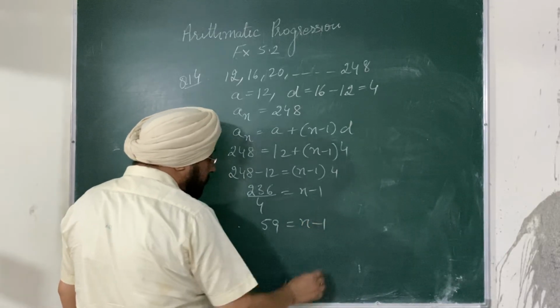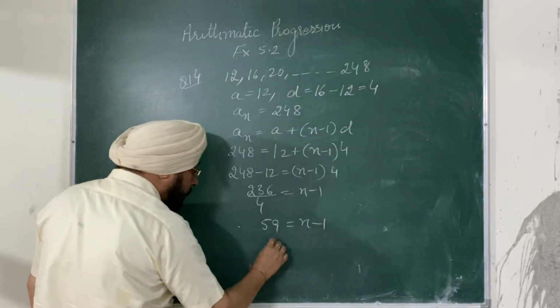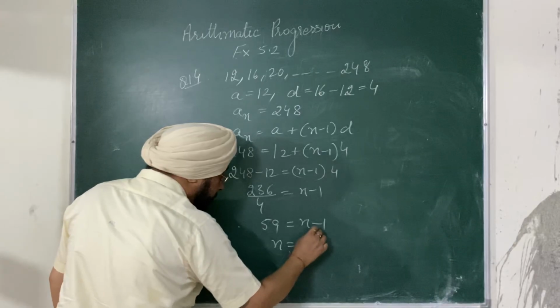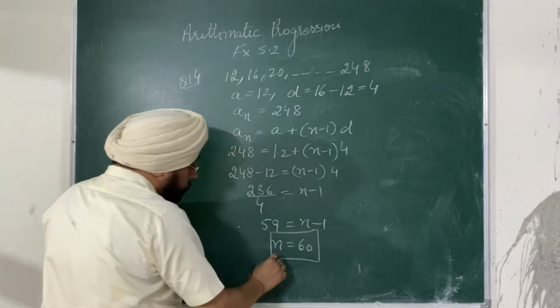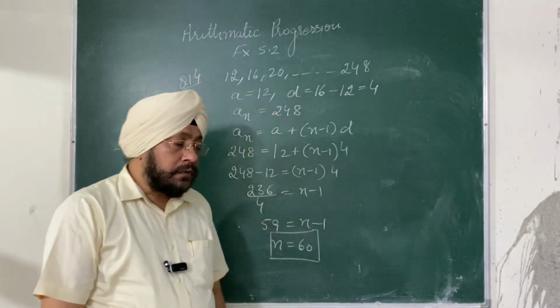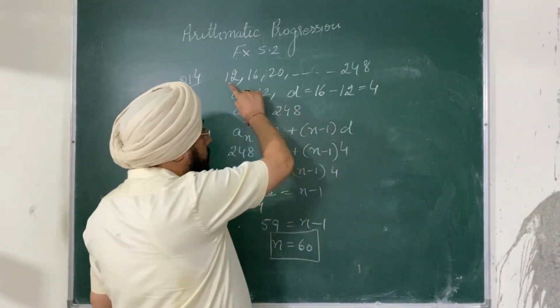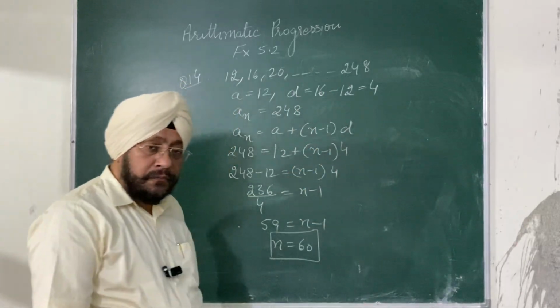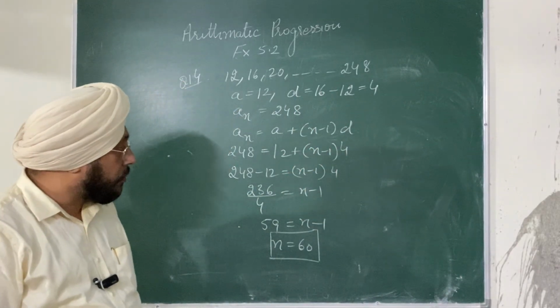So we get n minus 1. Bring minus 1 to the left hand side to get n is equal to 60. So there are 60 terms which are divisible by 4 and which come between the values 10 and 250. So this is sum number 14.